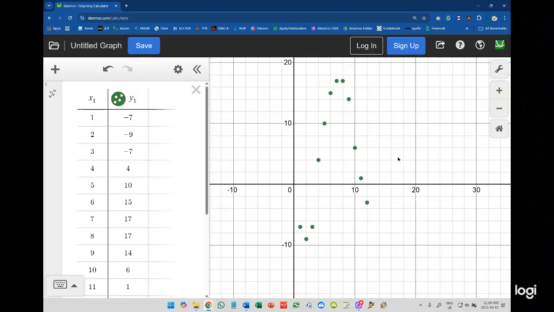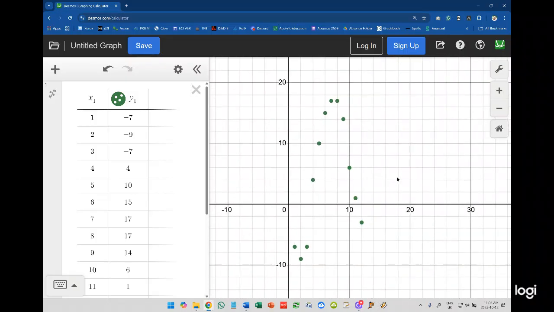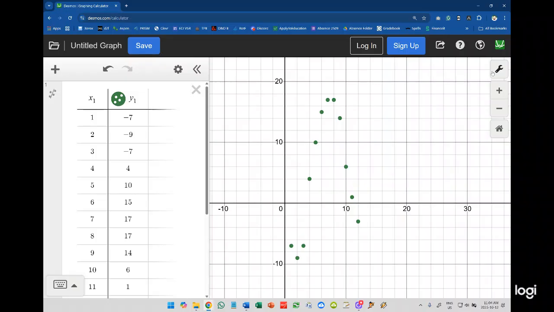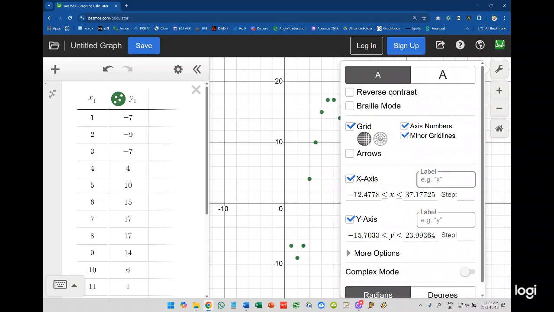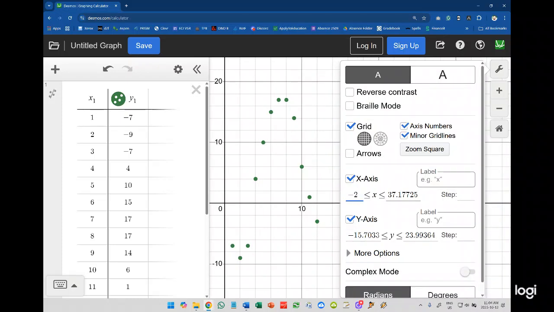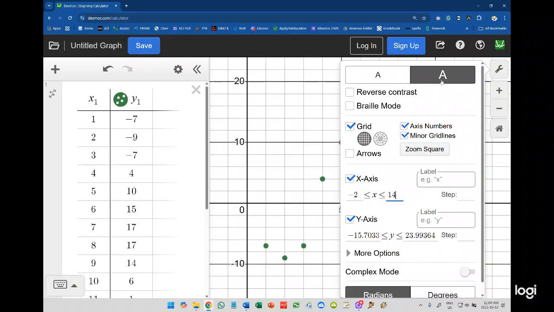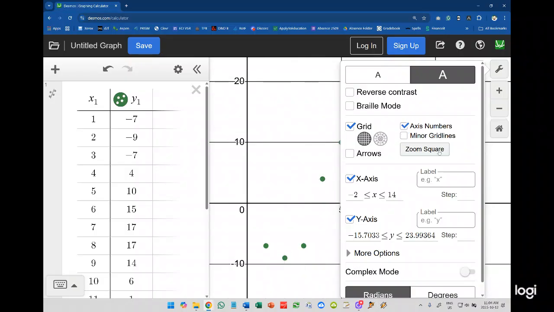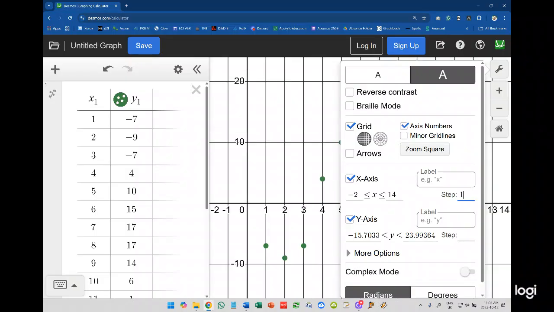What I'm going to do is change my axes a little bit so that this is as nice to read as possible. I know my x values go from basically 1 to 12, so I'm going to plug in -2 to 14, a little above, a little below. I'll switch on my projector mode, take off the grid lines, and I want my x's to go up by 1s.